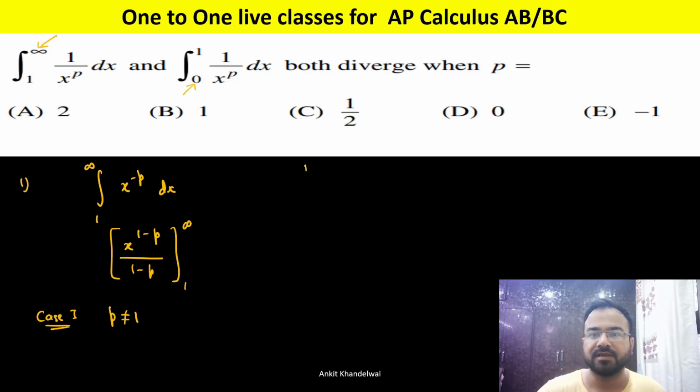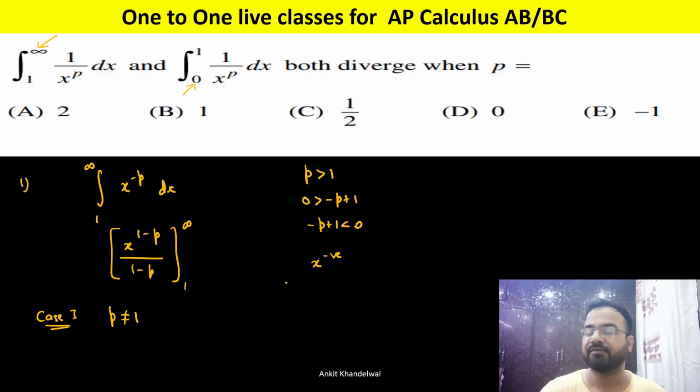So if p is greater than 1, we are looking at minus p plus 1. If you take this p on the right hand side, we can say minus p plus 1 is less than 0, negative. So what will happen due to this? We have x to the power of a negative number, and we are applying the limit as x goes toward infinity.